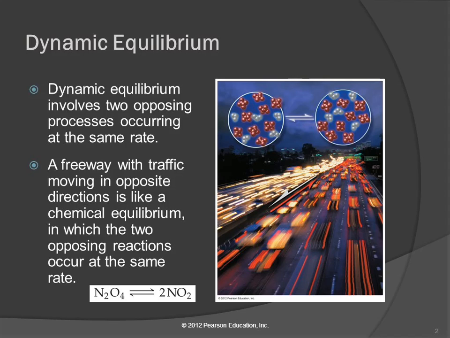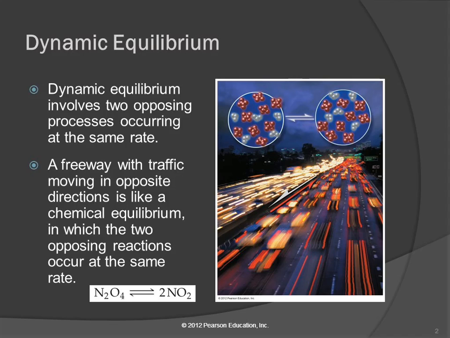Up here we have an illustration of what's going on. We've got these molecules coming apart and going back and forth and back and forth, and yet you have essentially the same number. Another way to think of it is a busy airport in the middle of the day. You've got people arriving on airplanes and people departing on airplanes, and yet the total number of people in the airport is probably roughly the same.